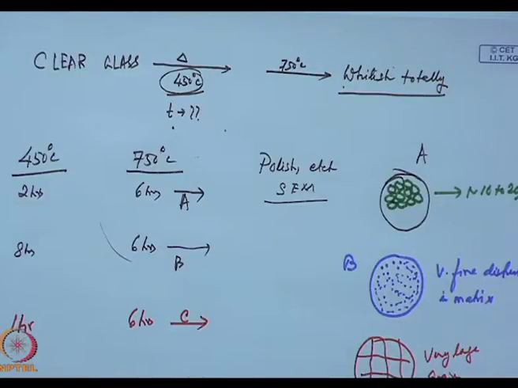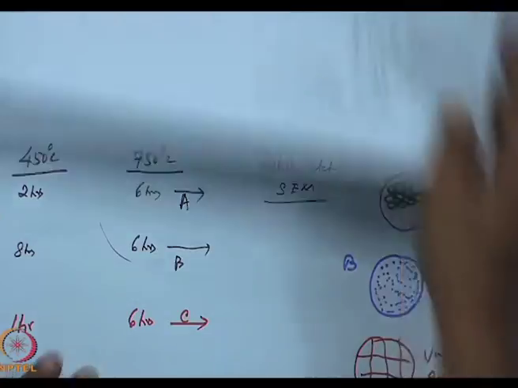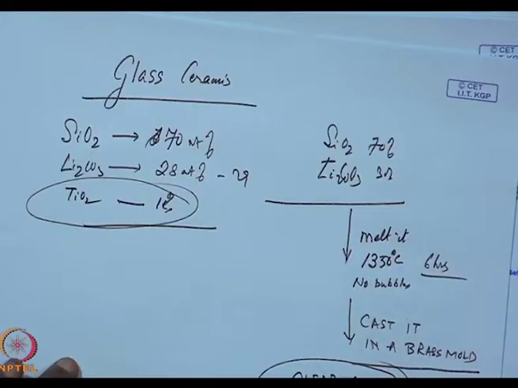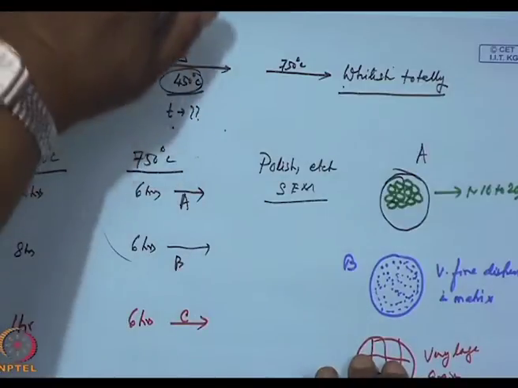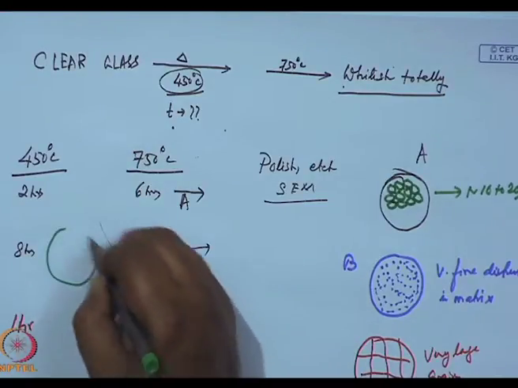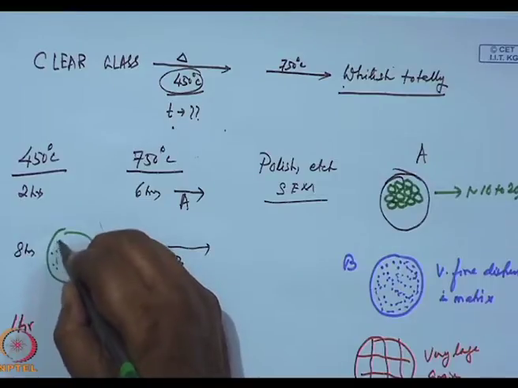At 450 degrees centigrade, when I am heating, that is after I have made the glass, quenched it, means cooled it very fast, I have got this clear glass. When this clear glass is being heated, if I heat it at 450 degrees centigrade for a very large length of time, what will I have? I will have a large number of nuclei forming.